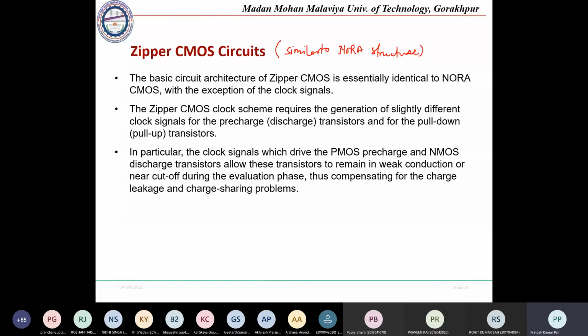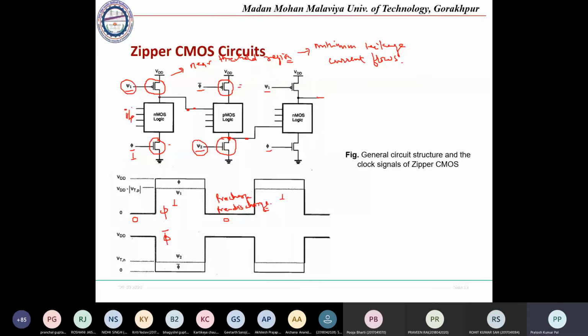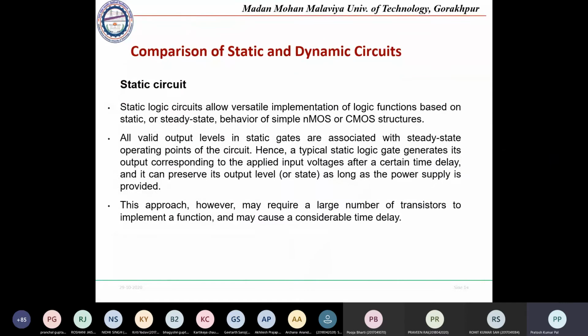Similarly, if we are dealing with charge sharing, it will again be reduced by the same logic, where we use the keeper.